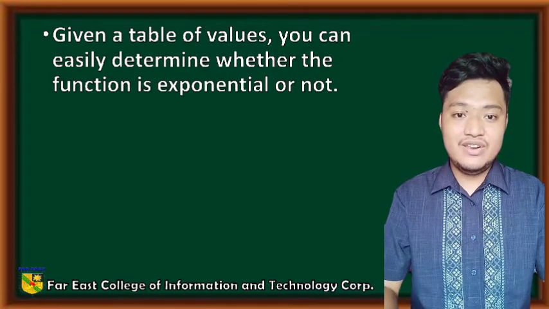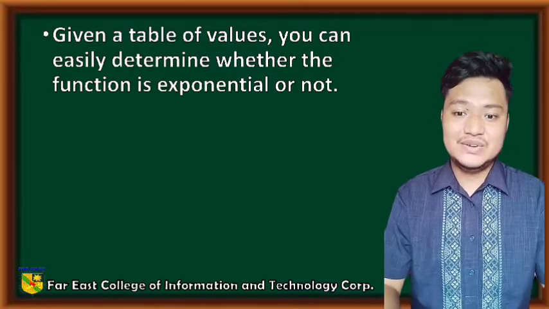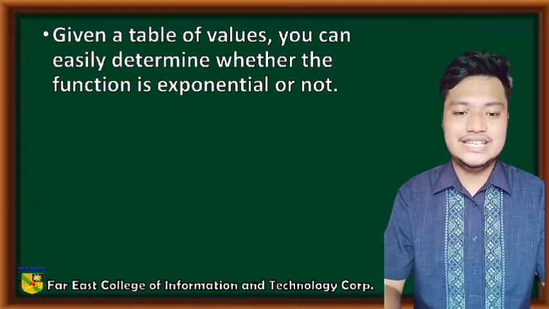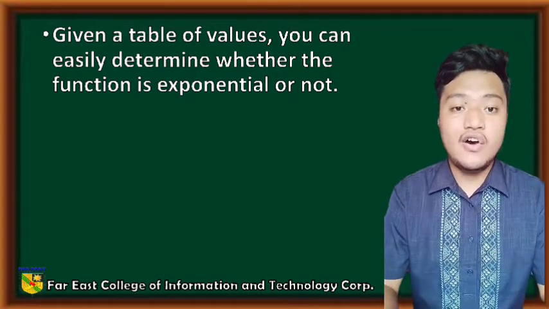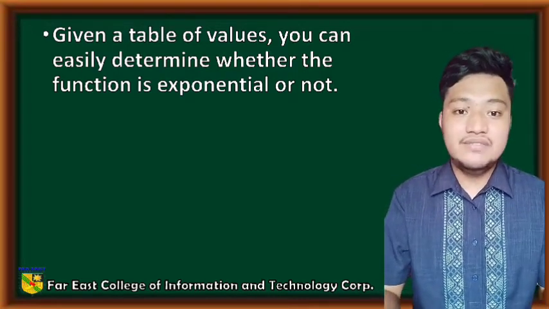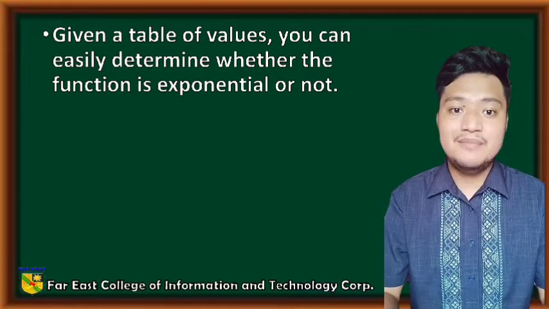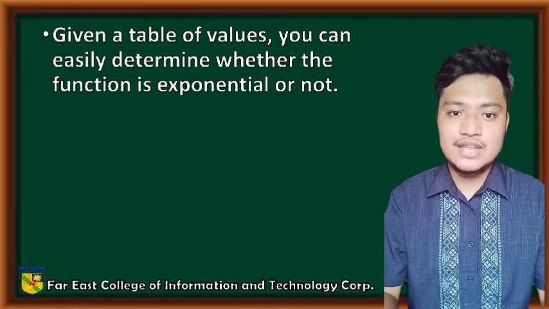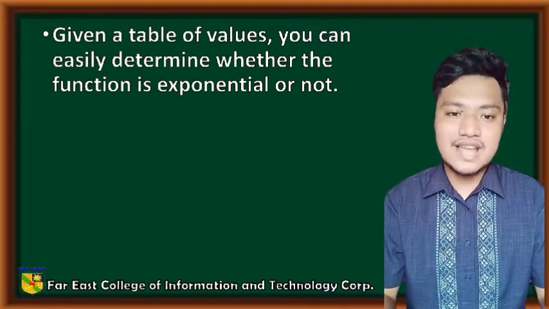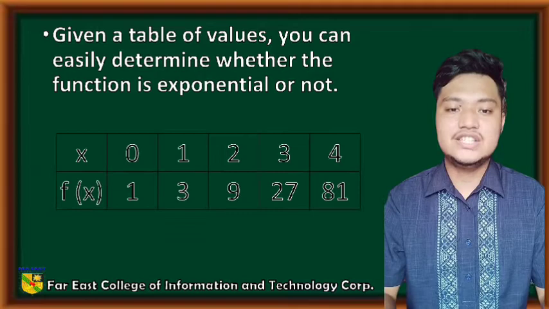Given a table of values, you can easily identify whether the function is exponential or not. In the exponential function, the values of the function have a common ratio. That is, the quotient of two consecutive function values is constant.